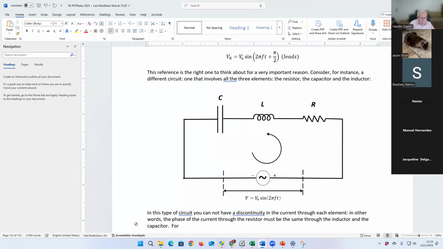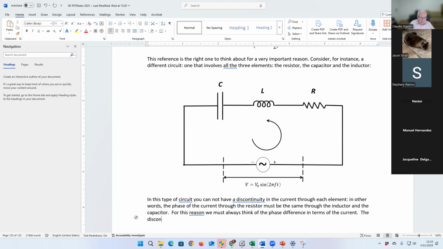For this reason, we must always think of the phase difference in terms of the current. Okay? The discontinuity instead is in terms of the voltage.